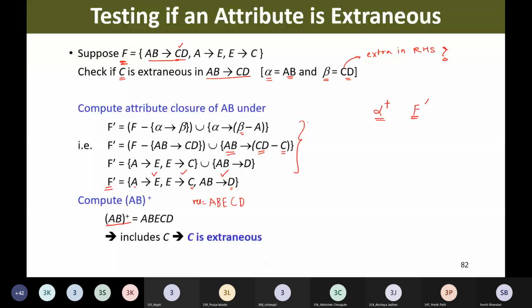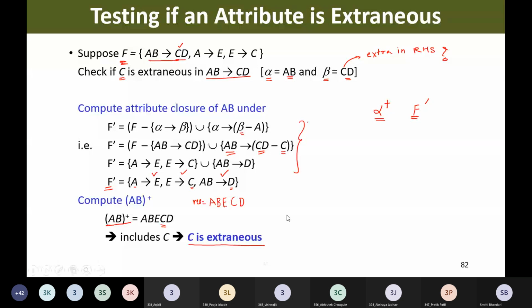Yes. So AB plus includes it, and we may declare that C is extra. We need not have this C in our set of functional dependencies, so we can omit this C and come up with the simplified set of dependencies.